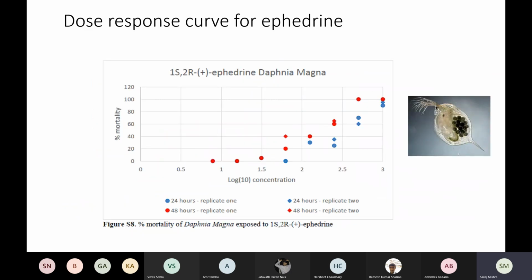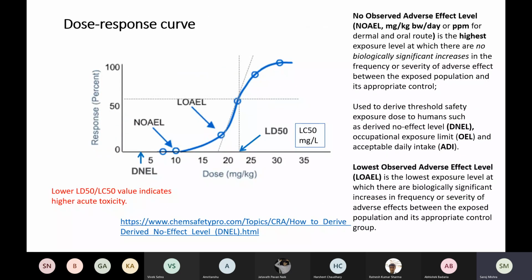In this particular slide, I was trying to show you what the nomenclature is. Whenever you plot a dose response curve, number one, what does it really tell you? And number two, what is the importance of the LC50 value? LC50 or LD50 is exactly the same. D stands for the dosage, which could be a chemical per kilogram body weight in case you are dealing with rats and other things, or it could be the lethal concentration, expressed in milligram per liter of that compound.